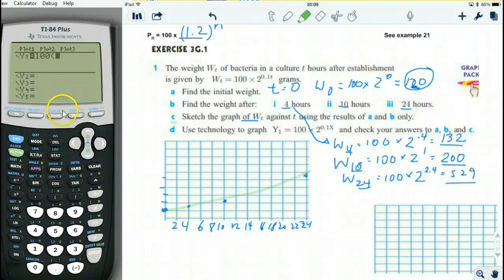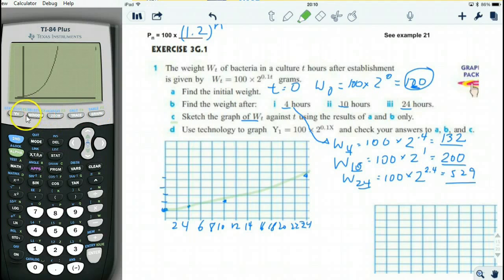To do times, you could just put times, or you could just put the number next to it with the parentheses. 2 to the 0.1x, and x is this button here, and then parentheses. And then you can graph it, and you can see it.